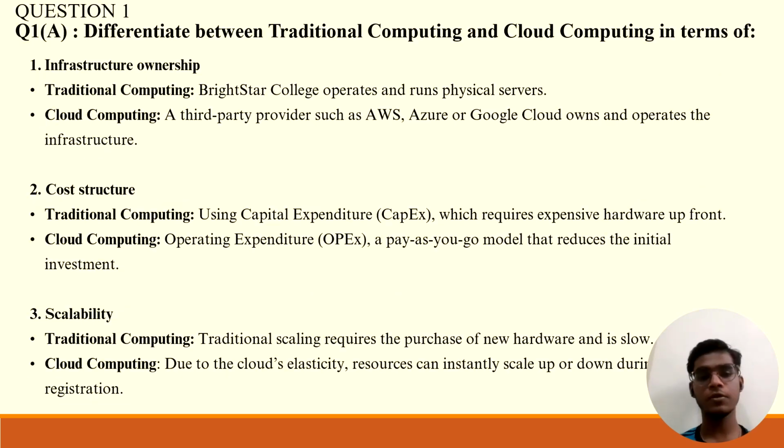Okay, guys, the first question, 1A: differentiate between traditional computing and cloud computing in terms of infrastructure ownership, cost structure, scalability, maintenance, and accessibility. So we are starting from the infrastructure ownership. For traditional computing, Bright Star College owns and operates its own physical servers.